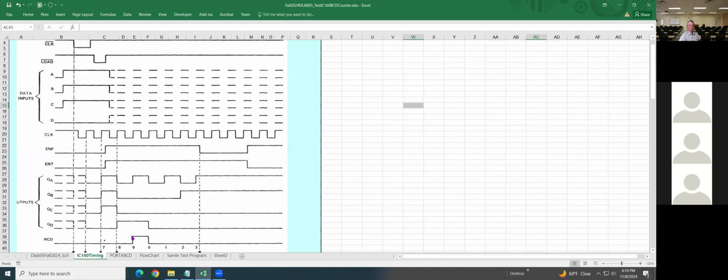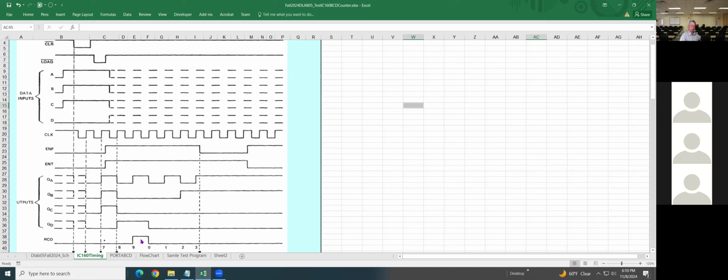Now, is RCO output normally low or high? Normally low. When does it go high? At the completion of the cycle, it toggles.